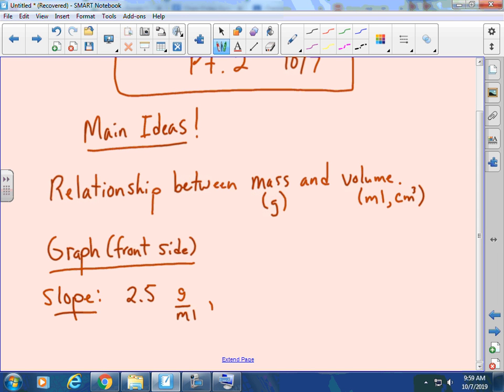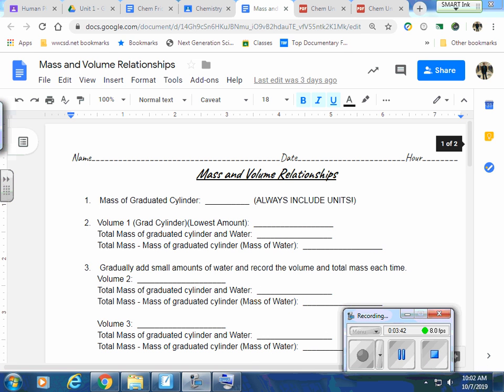What did you guys get for slope on the front graph?